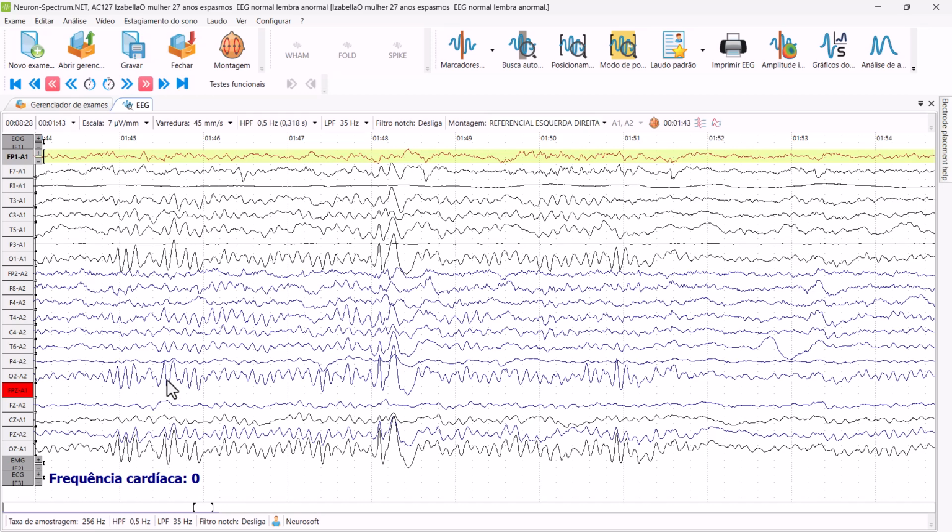Okay? And that's not the case. What happens is that we have a fragmentation here again. There was a fusion of waves, and you have an increase in the power of the spectrum.